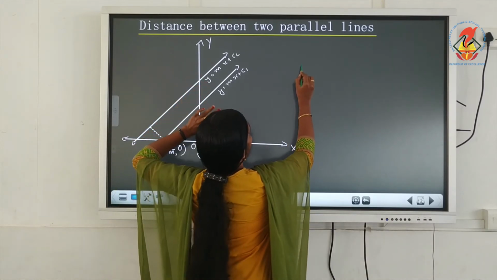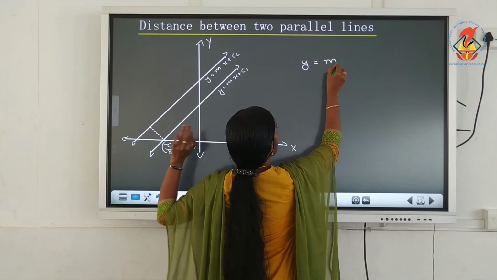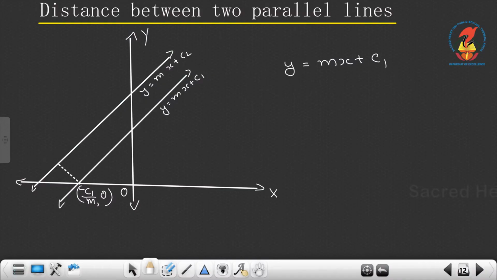The first line is y is equal to mx plus c1. This line cuts the x-axis at a particular point. Let the point be P. How to get that point? For that, put y is equal to 0. Therefore, mx plus c1 is equal to 0, or x is equal to minus c1 by m. So the point P is (minus c1 by m, 0).